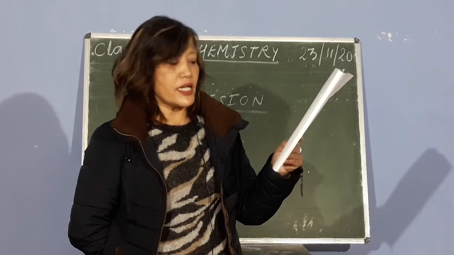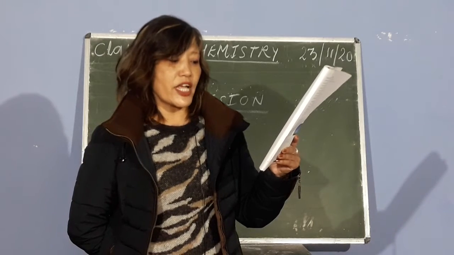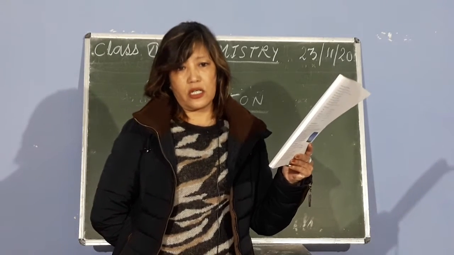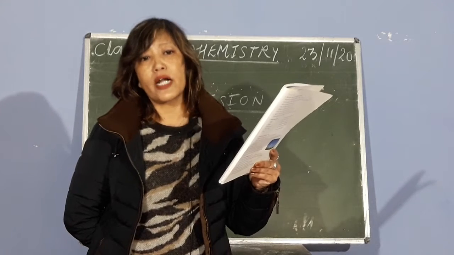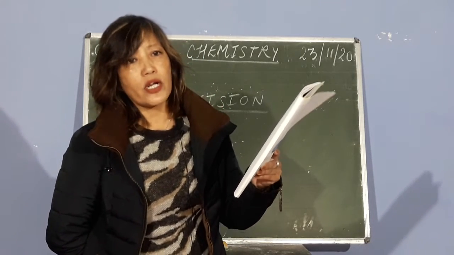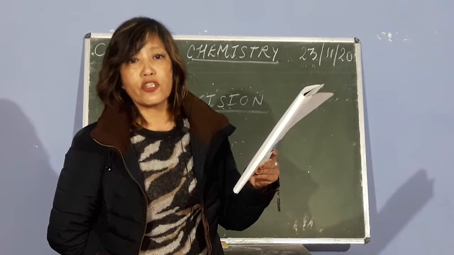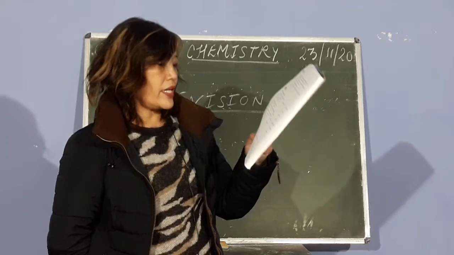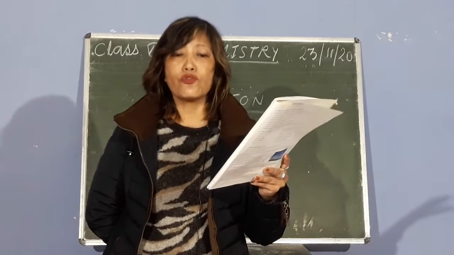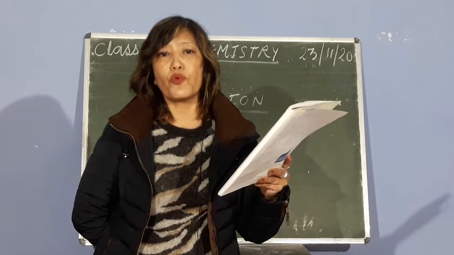Then number 3 is dash gas is used to make carbonated drinks and soda water. So here the answer is carbon dioxide. If you see the properties of carbon dioxide, then one of the properties of carbon dioxide is it is used to make fizzy drinks. Then number 4, dash gas is used in weather balloons. So which gas is used in weather balloons?